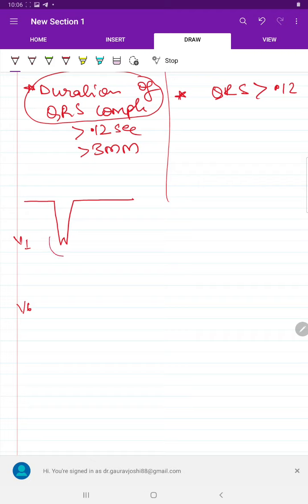V1 looks like a W. You will see it like this in V6. So there is a small trick also, we call that WiLLiaM.